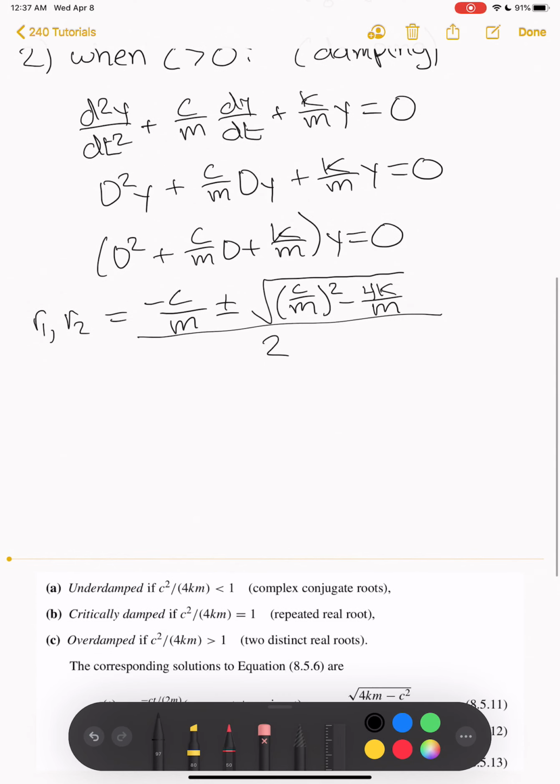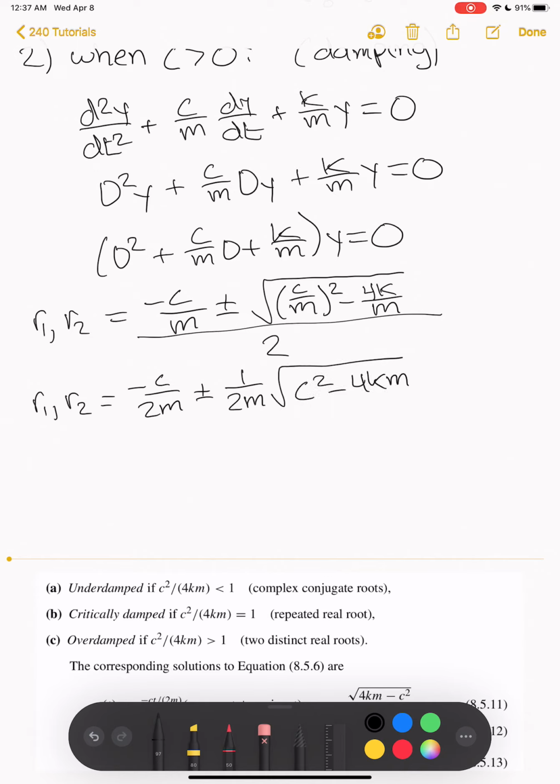And then we can play around with a little bit of stuff to make it better for us. So we can write this as negative c over 2m plus or minus, you do some factoring on the inside here to pull out this m, and you're left with c squared minus 4km inside the radical.